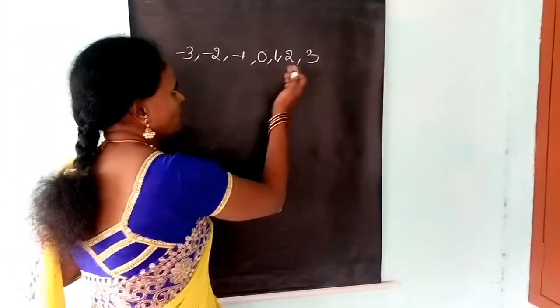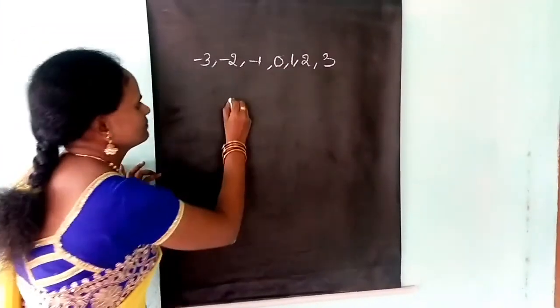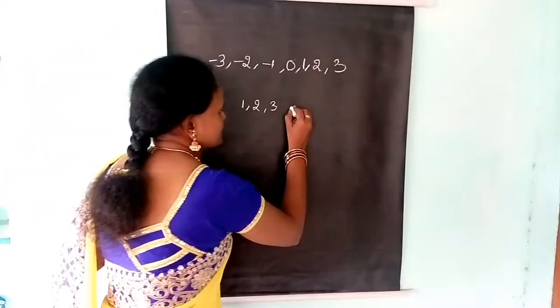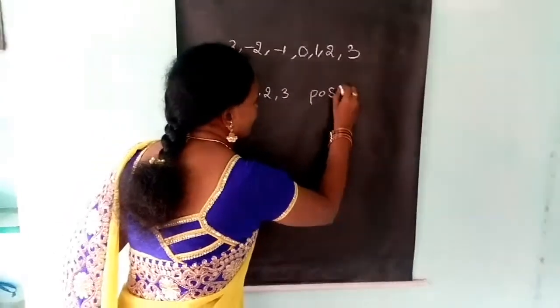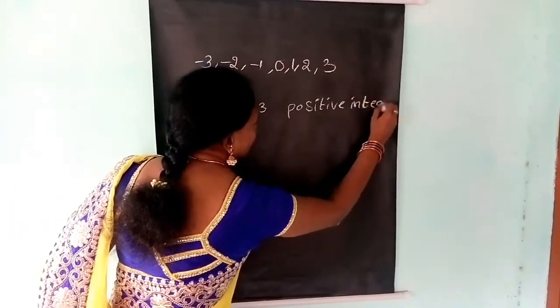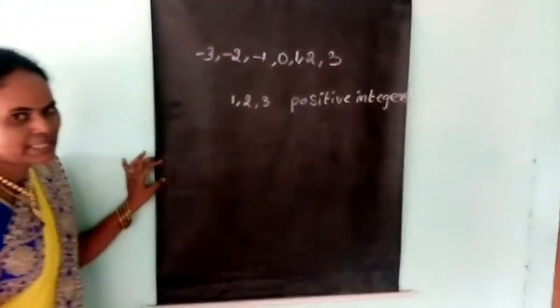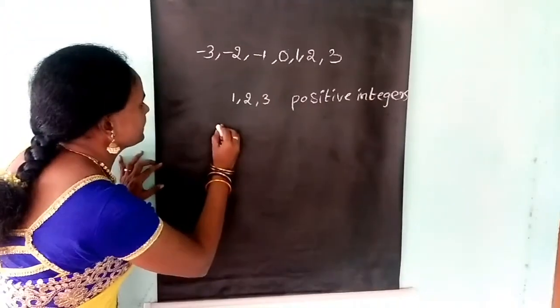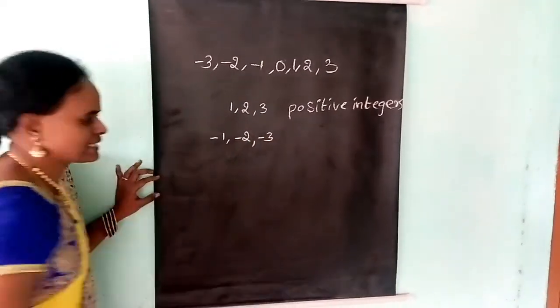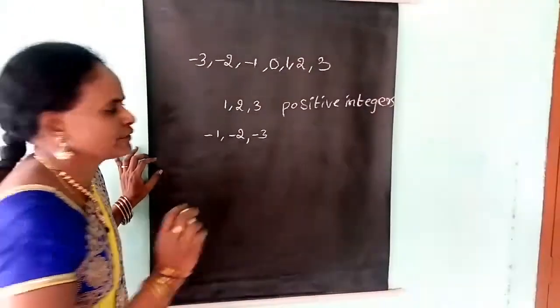In this, 1, 2, 3 are called positive integers. And -1, -2, -3 are called negative integers.